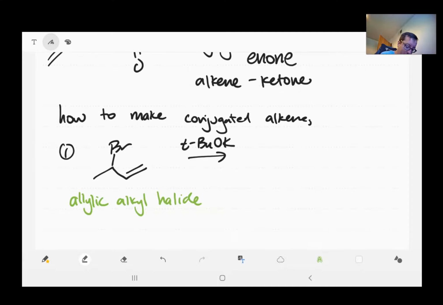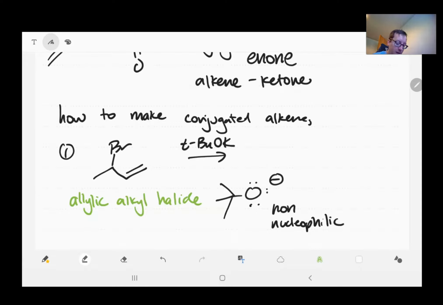So remember t-butoxide, non-nucleophilic base. So just like with the sulfur that was a non-basic nucleophile, this is the opposite. Now we have a non-nucleophilic base. So it's just too big. That's not how you spell that at all, is it?